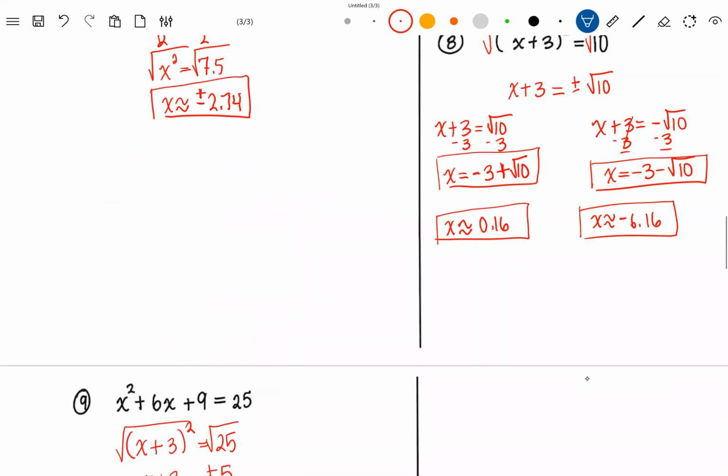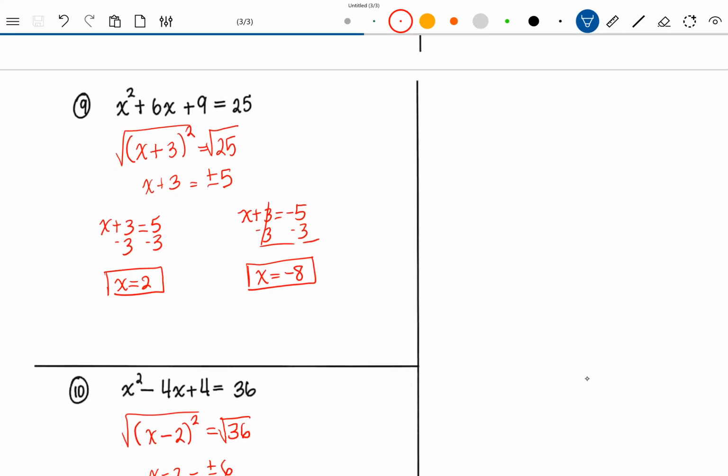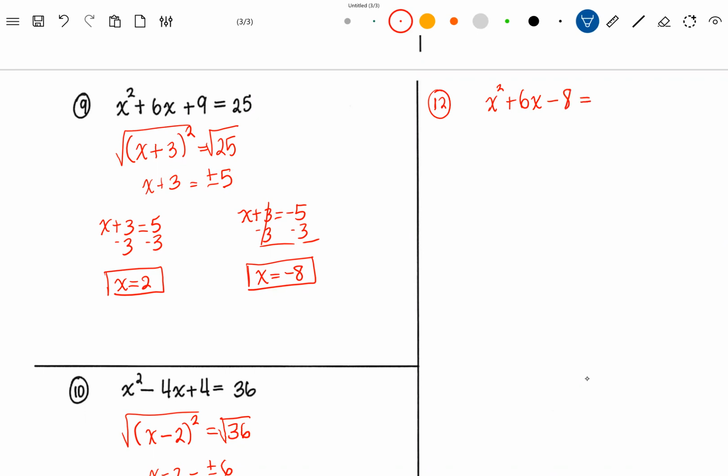Now, I'm going to do a couple more examples. What if we have x squared plus 6x minus 8 equals 8? Okay, so we want to check to see if this is a perfect square trinomial.